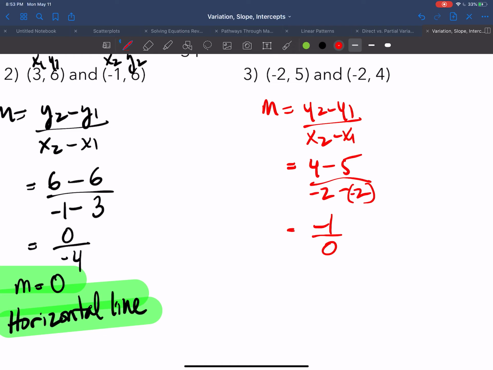I get -1 over 0. Now if I divide by 0, I use my calculator, I get an error. That's because you can't divide by 0. So here our slope is undefined. It's an undefined slope because anything divided by 0 is not defined. So if you look at the coordinates, you see the x coordinates are the same. That means we had a vertical line.